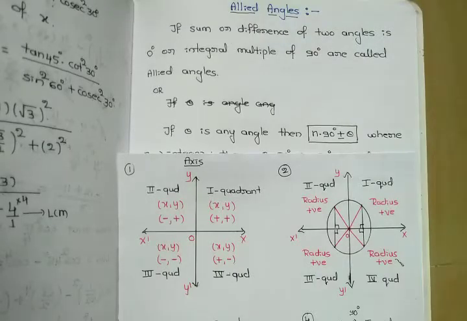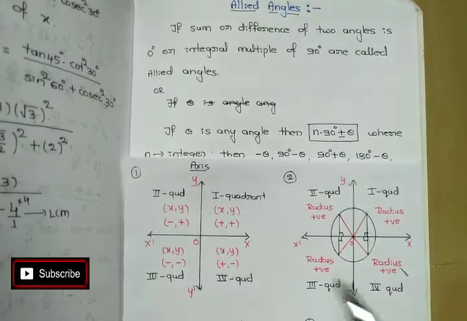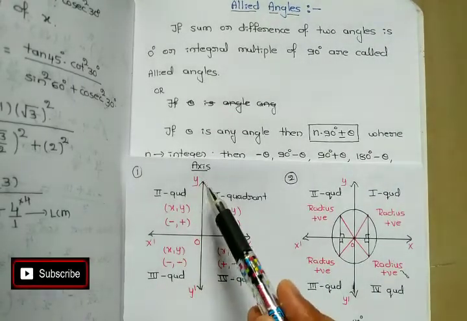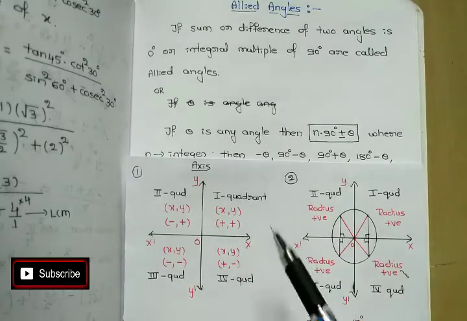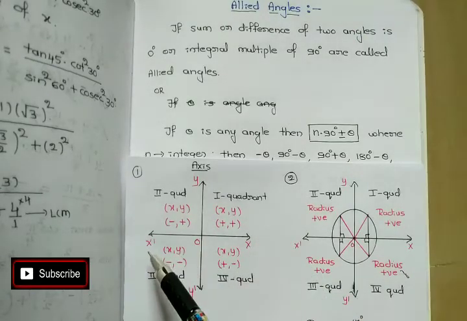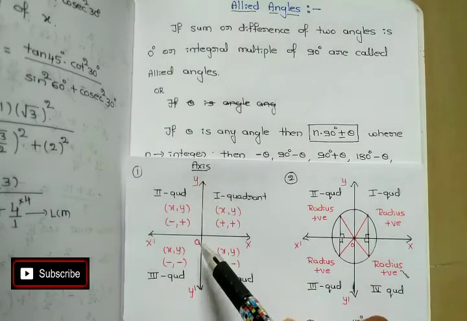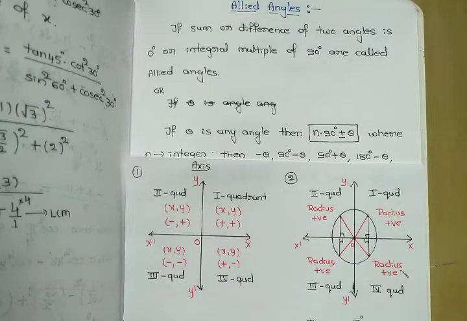Next, before knowing the trigonometric ratios of allied angles, first we will see some basic points. In that, first one, axis. You know this is the axis, correct? XO, X dash is called the X axis. YO, Y dash is called the Y axis.